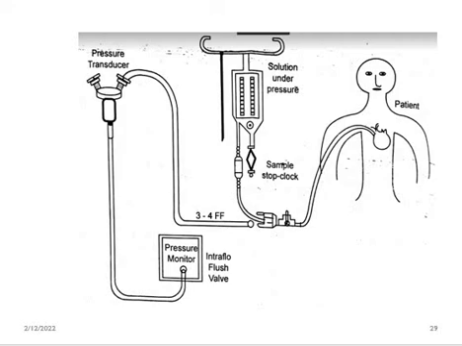When there is a change in pressure, this fluid column will also change, and that change in the fluid column is measured by this pressure transducer and converted into electrical signal, which is fed to the pressure monitor.